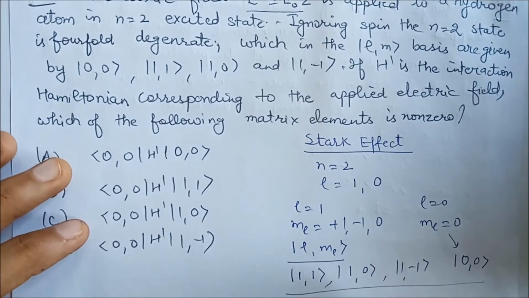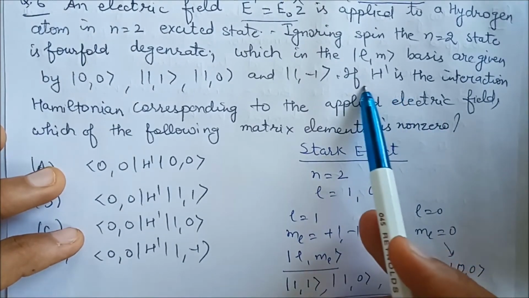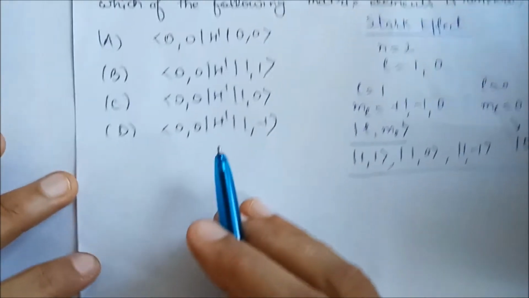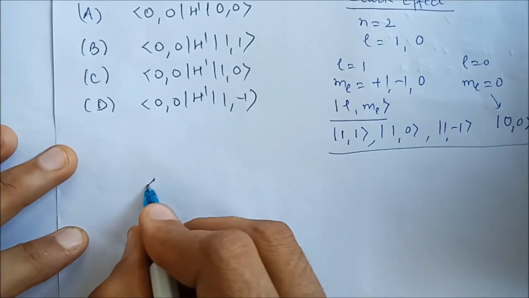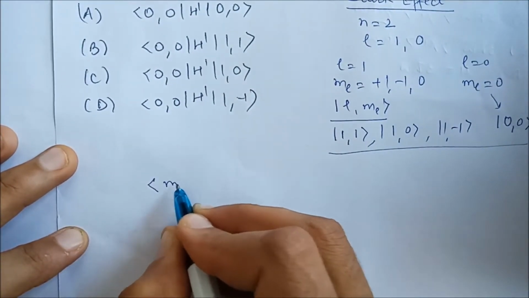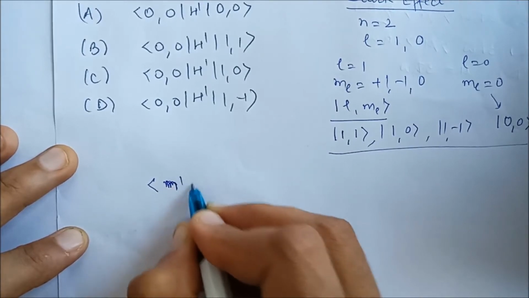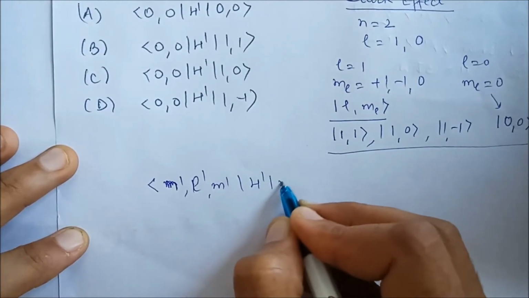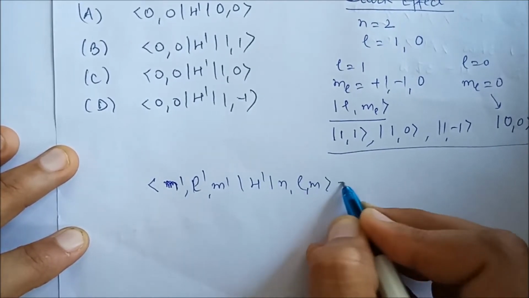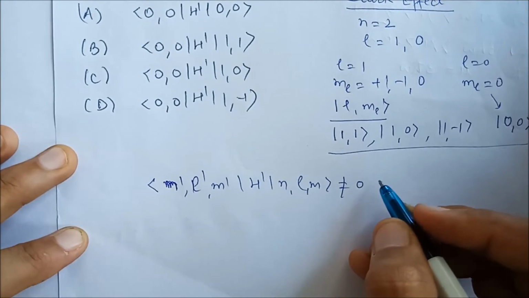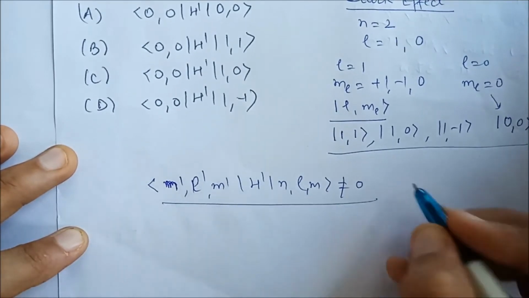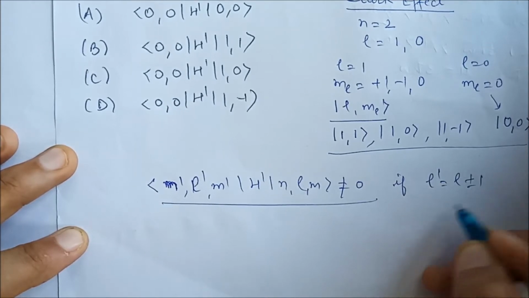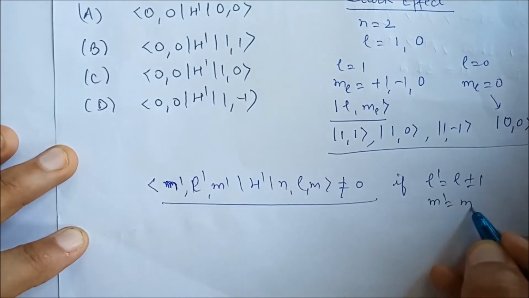If you are given an interaction Hamiltonian H dash, then the matrix element corresponding to H dash, <n dash, l dash, m dash|H dash|n, l, m>, is not equal to 0 only if l dash is equal to l plus minus 1 and m dash is equal to m.